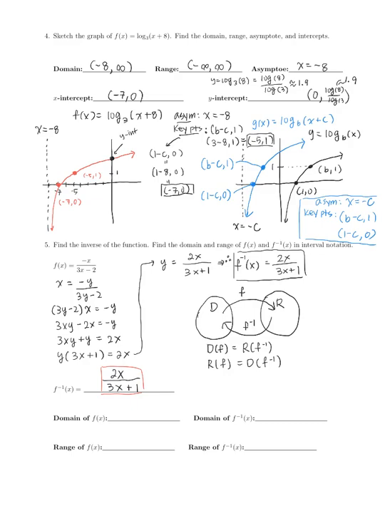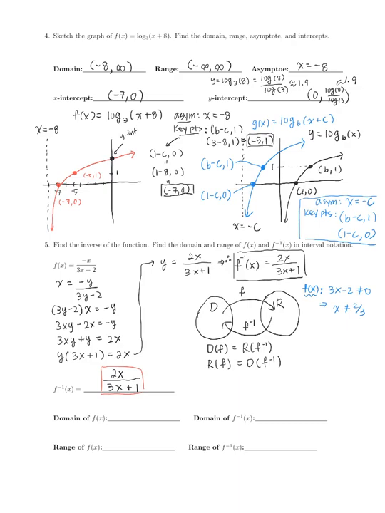Okay, so with that said, let's first find the domain of f of x and f inverse of x. I'm going to work that one in blue. So for f of x, let's look at the function. The restriction is 3x minus 2. The denominator cannot be 0. So that means your x cannot be 2/3.